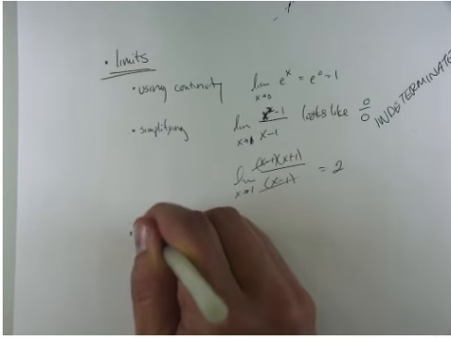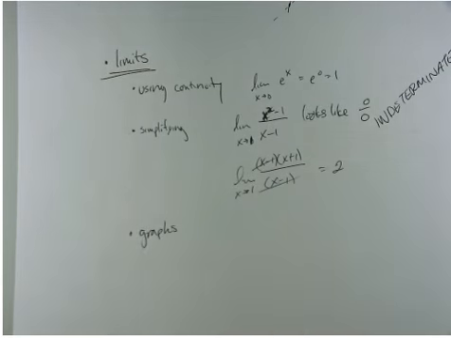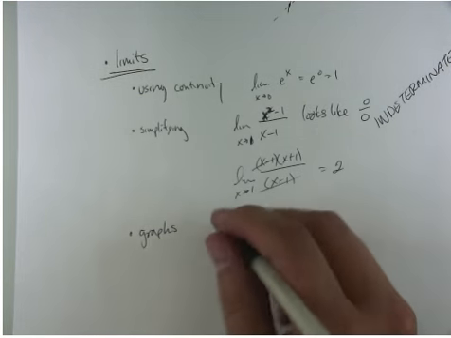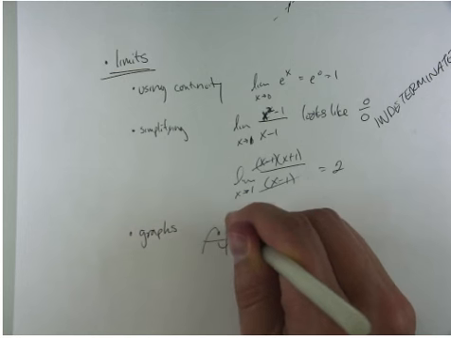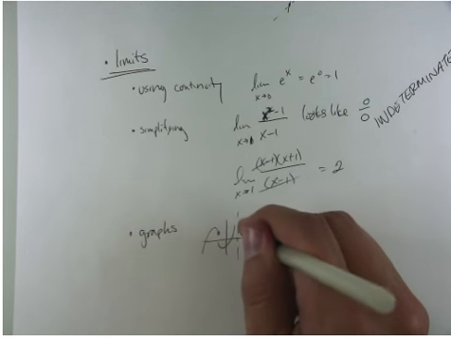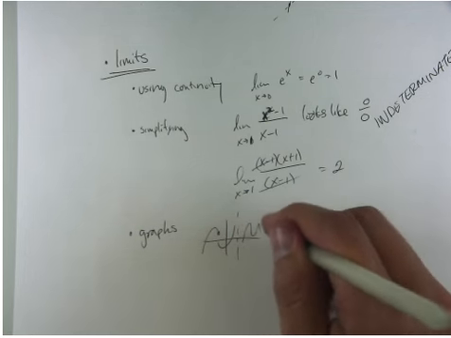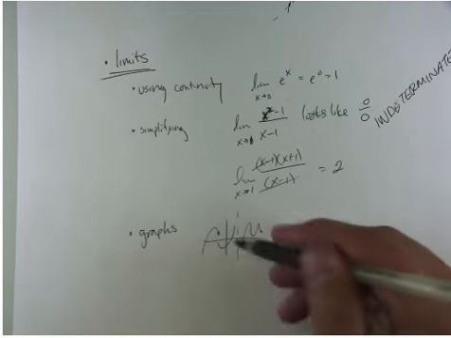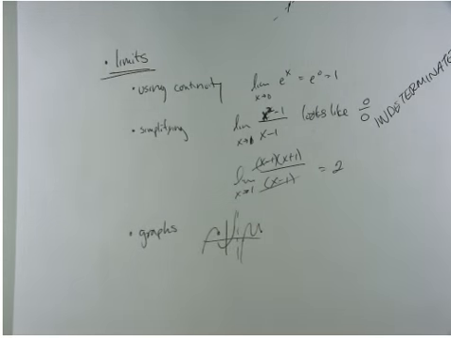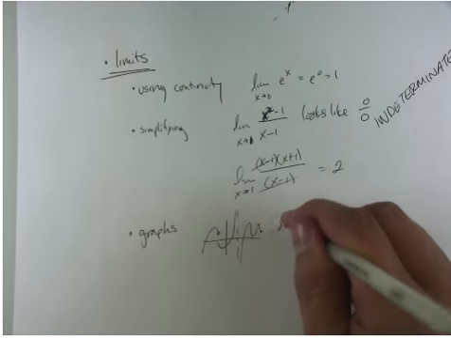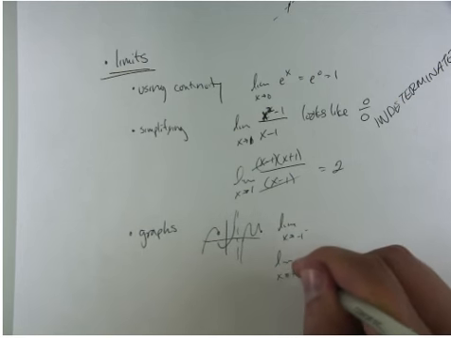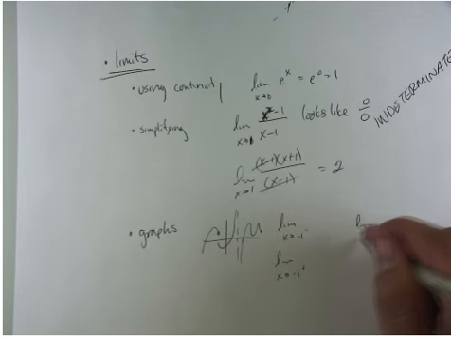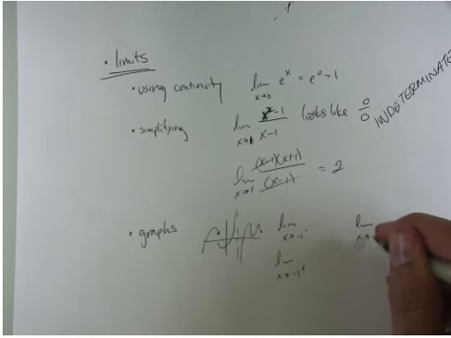Also, using graphs. So we might see a picture of a function, and I might say, evaluate the limit as x approaches -1 from the left, the limit as x approaches -1 from the right, the limit as x approaches 0.